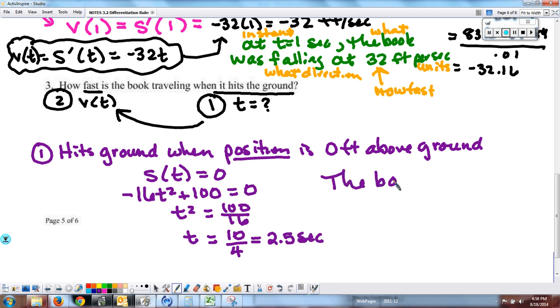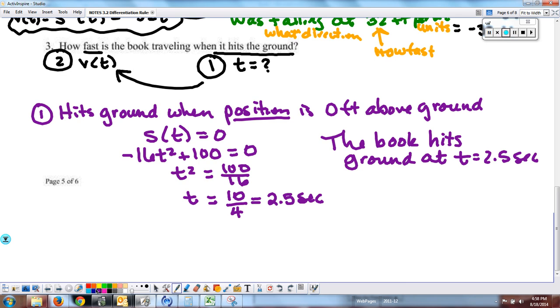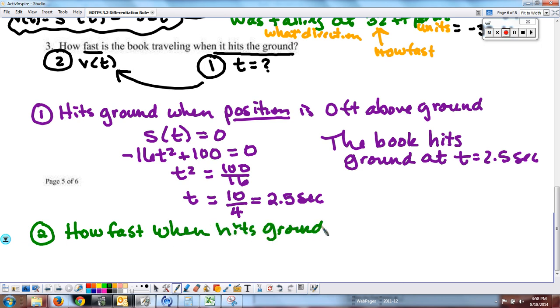The book, if I was interpreting, hits the ground at t equal to 2.5 seconds. There's my interpretation. But I'm not done with the question because the question was really, how fast was it going when it hits the ground? In that I'm looking for the velocity. So I'm looking for the velocity at this time, 2.5 seconds.